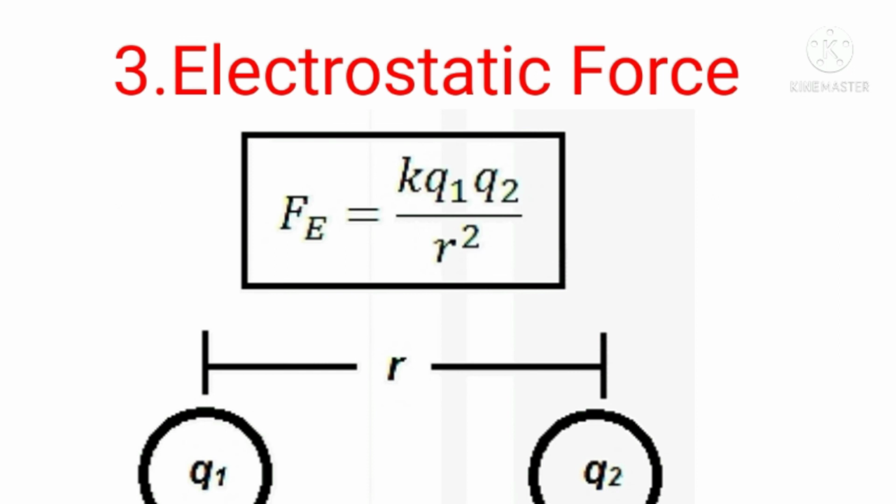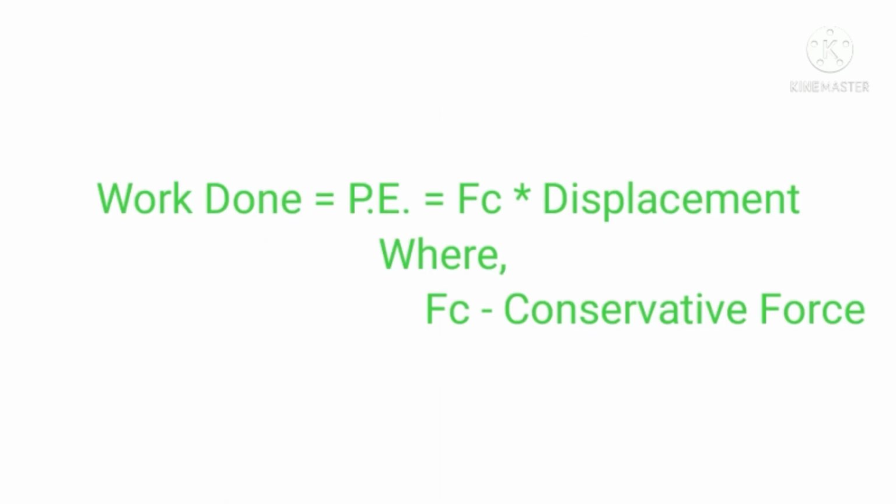In an electrostatic field also, if we try to move a given charge from one position to another, the field created by another charge will try to bring that charge back to the original position. So it is again an example of a conservative force.